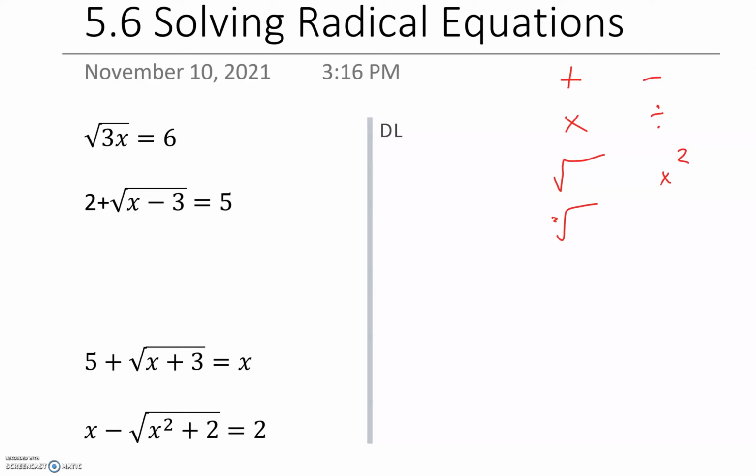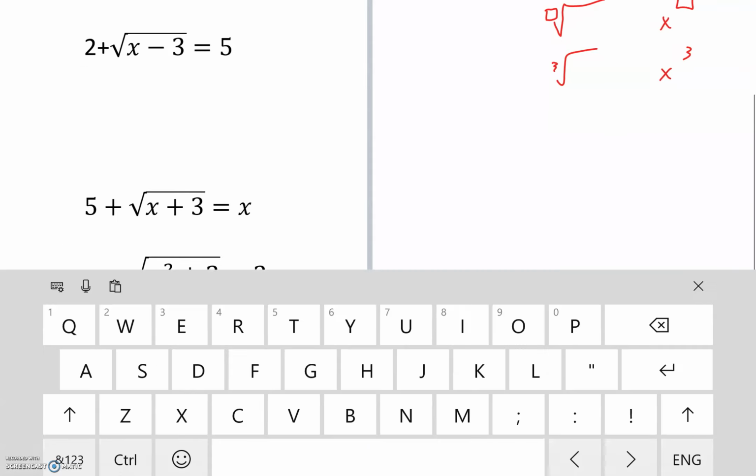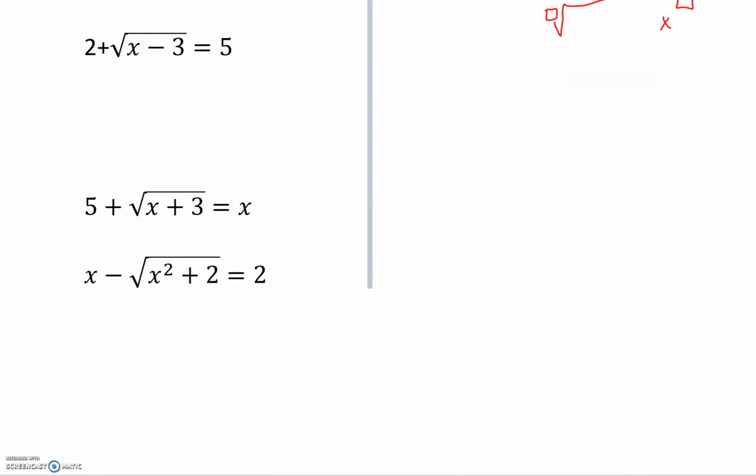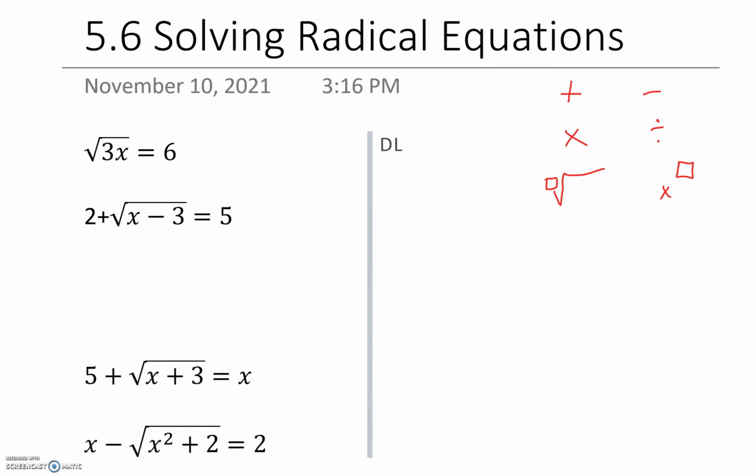Or cube rooting, really it's the root versus the square. It doesn't matter what the number is, cube root, fourth root, second root, it's always rooting and a power. Okay, so those are opposite operators of each other.